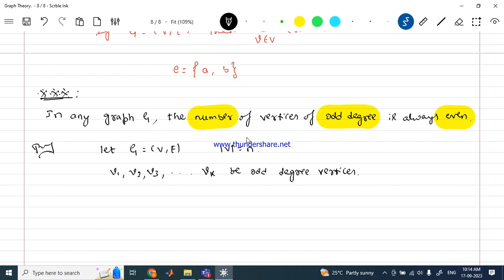I'm assuming that out of these n vertices, the first k vertices are of odd degree, which obviously says that the remaining vertices, that is Vk+1, Vk+2 and so on up to Vn, are even degree vertices.